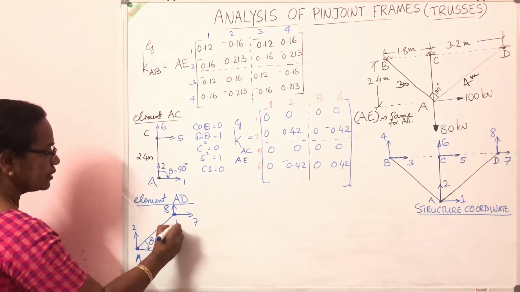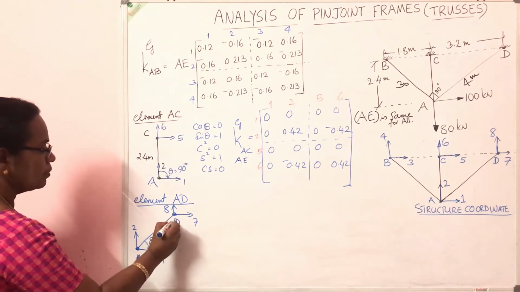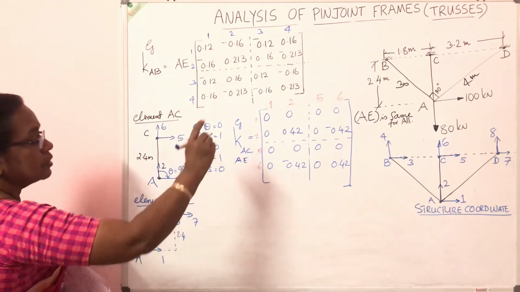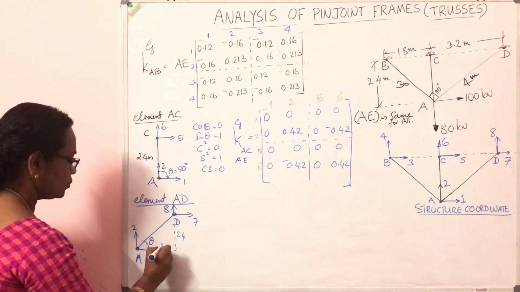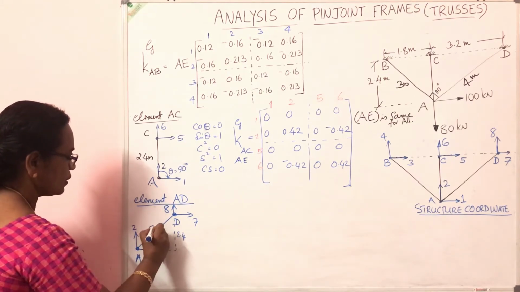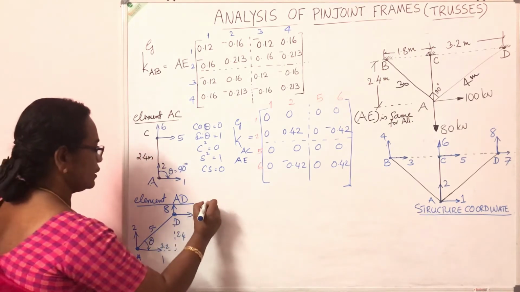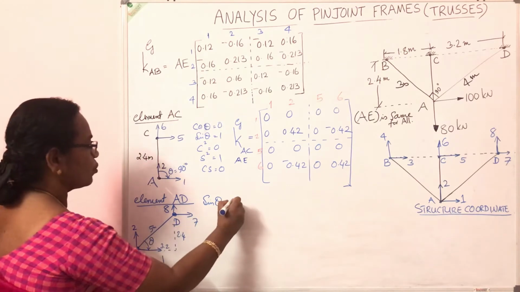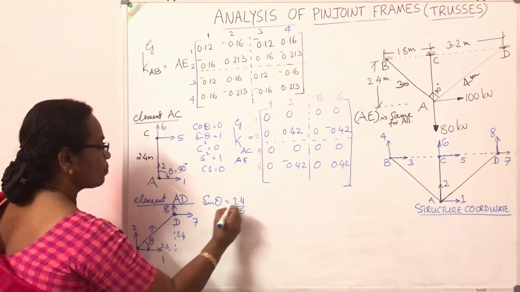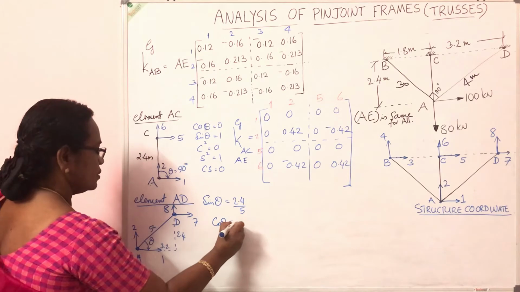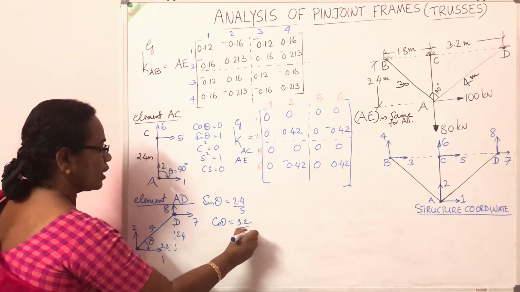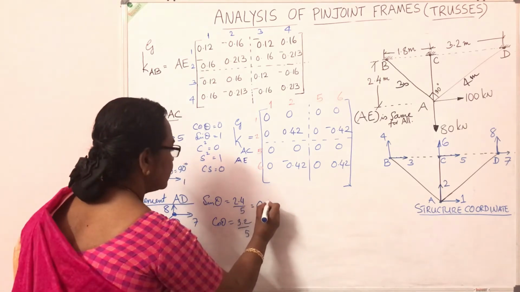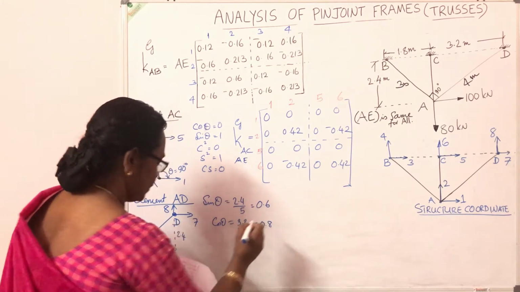So A, D. Looking into this figure, this vertical distance is 2.4. That horizontal distance is 3.2. The length of the member is 4 meter. So we can calculate what is sin theta. Sin theta is 2.4 by 4 and cos theta is 3.2 by 4. It works out to 0.6, 0.8.